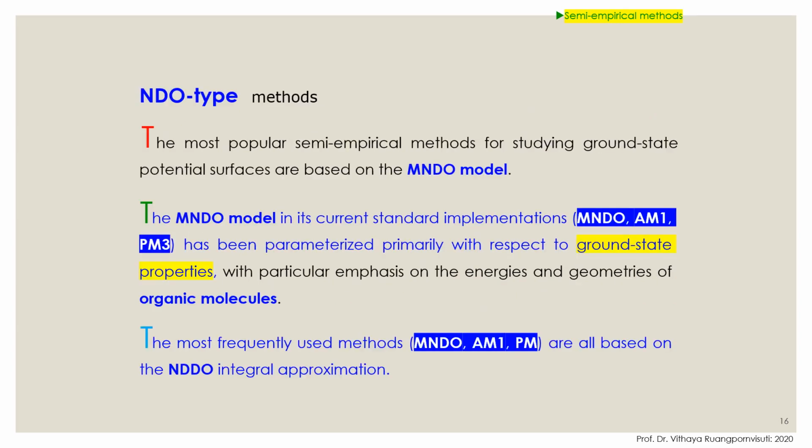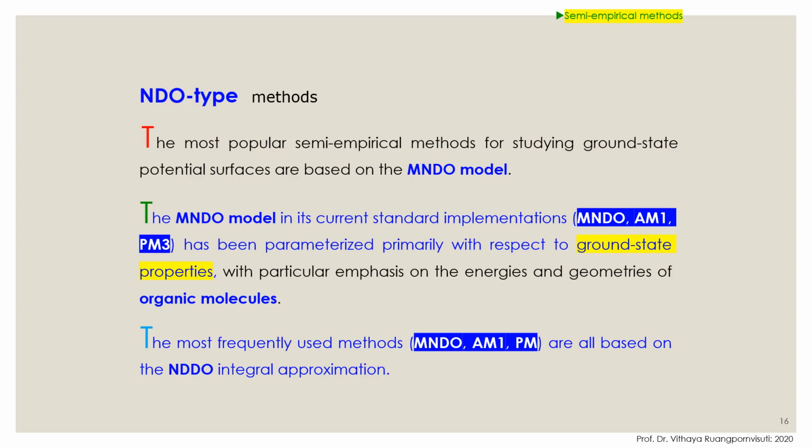The NDO-type methods, the most popular semi-empirical methods for studying ground state potential surfaces, are based on the MNDO model.